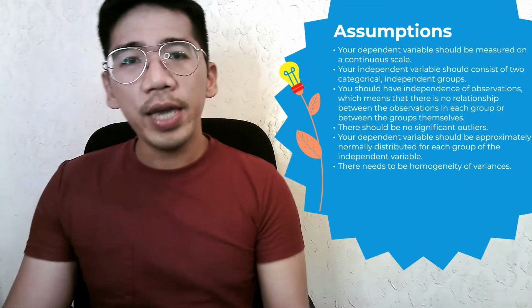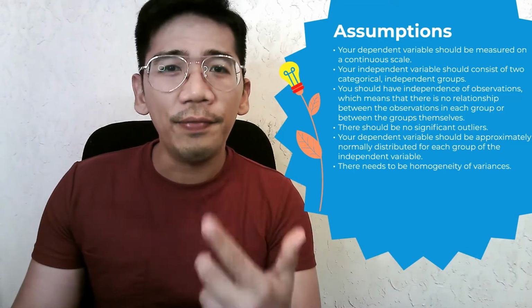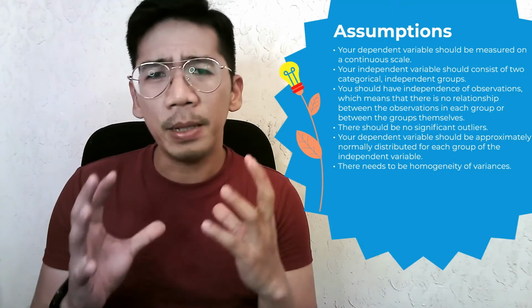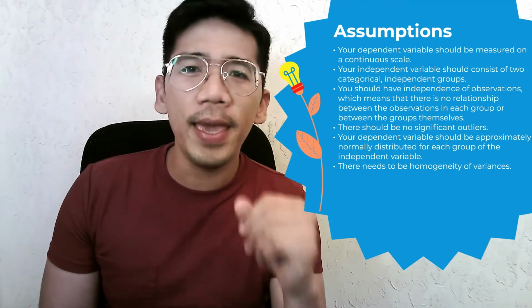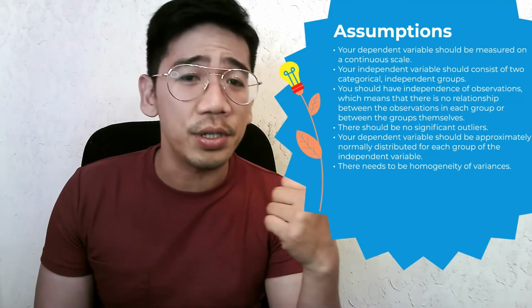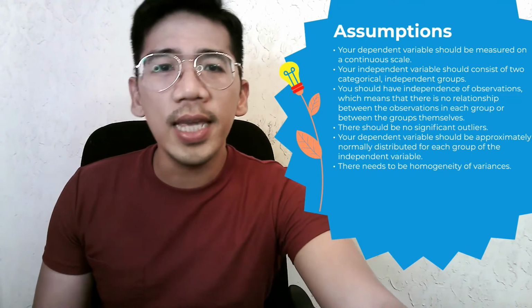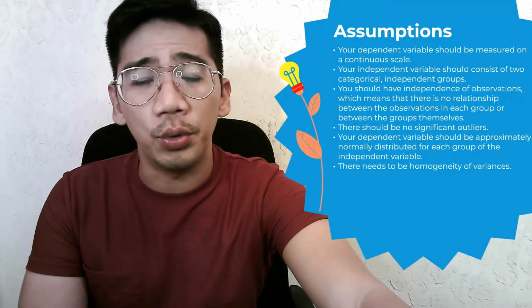Now, you can check assumptions 4, 5, and 6 using SPSS statistics. But before doing this, you should make sure that your data meets assumptions number 1, 2, and 3, although you don't need SPSS statistics to do so.